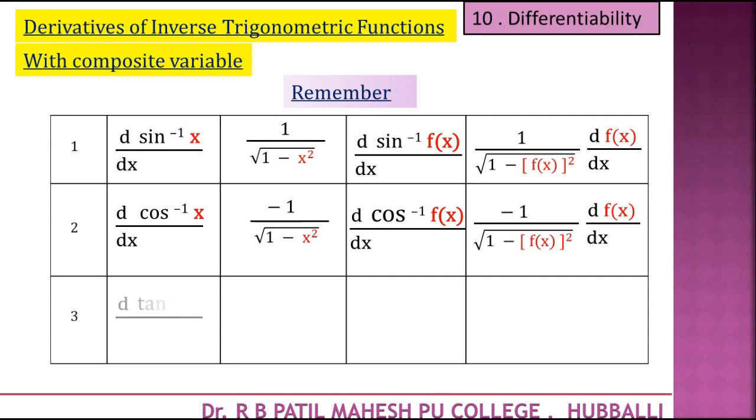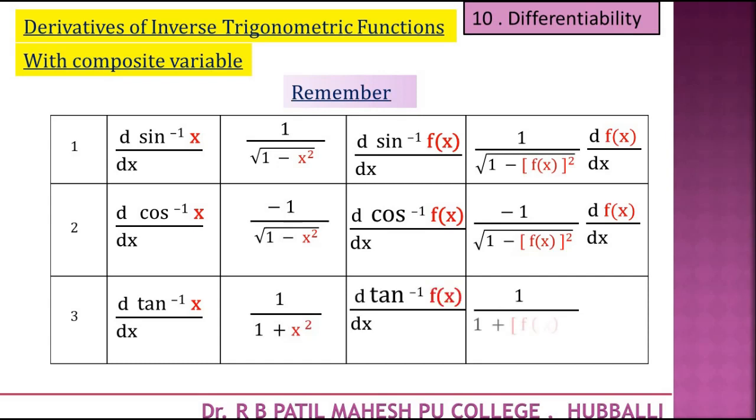Third function, tan inverse x. D by dx of tan inverse x is given by 1 divided by 1 plus x square. If it is composite, we follow like this: 1 plus function whole square into d by dx of function.